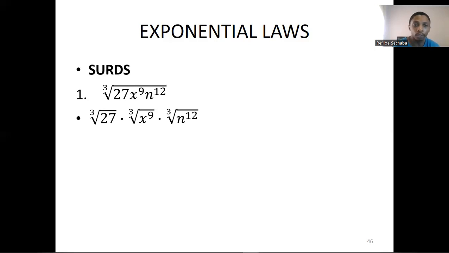However, the cube root of x to the exponent of 9, you will simply take that 9 and divide it by 3. And the cube root of n to the exponent of 12, you will take 12 and divide it by 3. Your answer here will just be 3x to the exponent of 3 and n to the exponent of 4. You got it? Try this one.